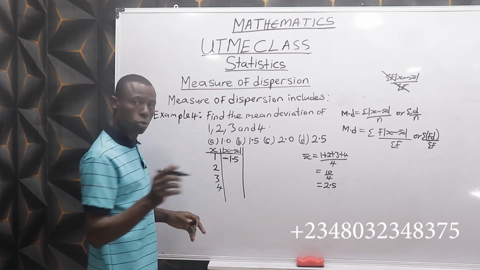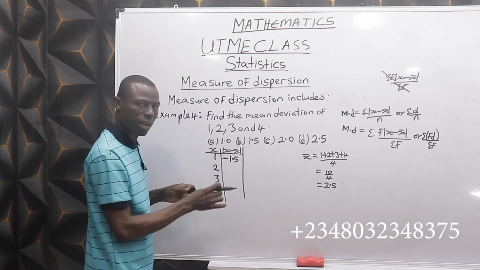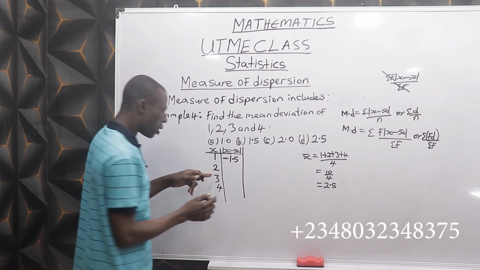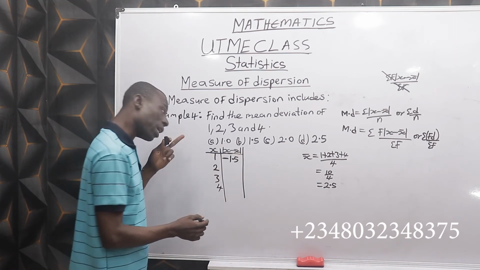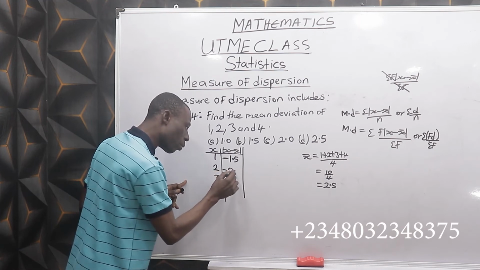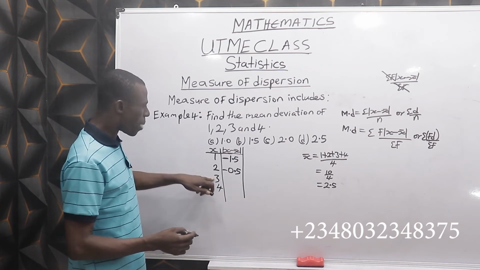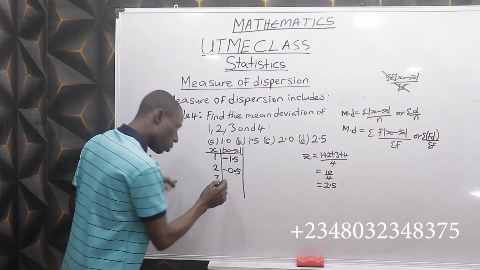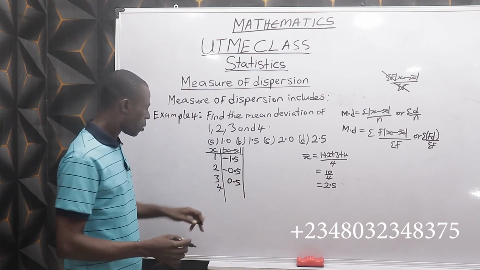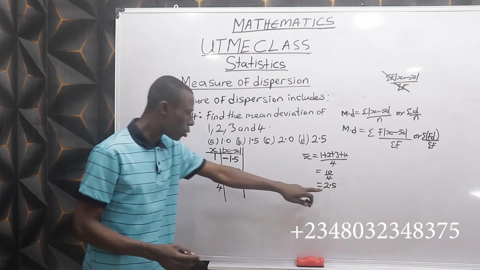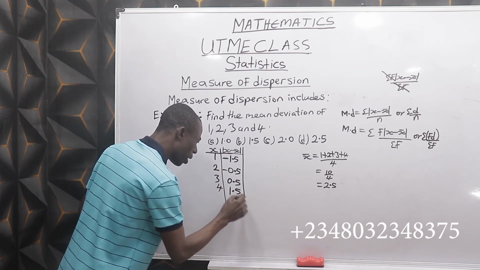But I want to show you something. The reason we use absoluteness in mean deviation, I want to show you. Now, let's go. 2 minus 2.5, originally it should be negative 0.5. 3 minus 2.5 should be 0.5. 4 minus 2.5 should be 1.5.